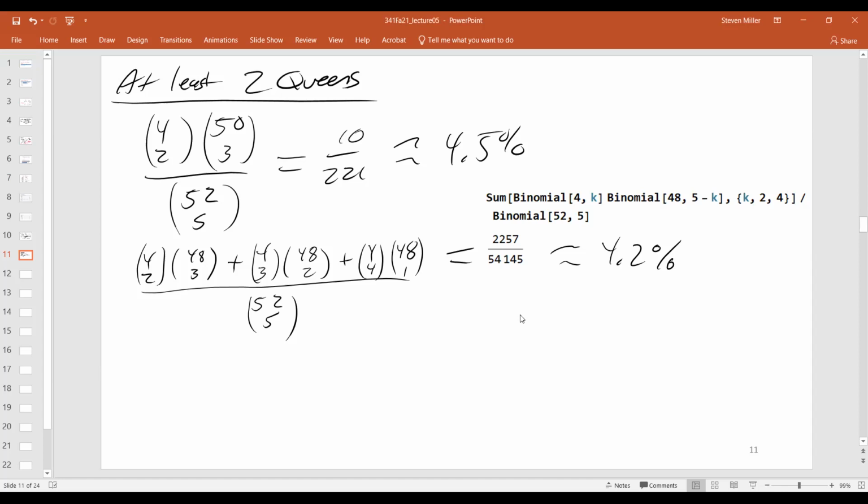There's one other way to calculate this. So it's 1 minus what? Right, so I could have no queens, 4 choose 0, 48 choose 5, plus 4 choose 1, 48 choose 4, over 52 choose 5.